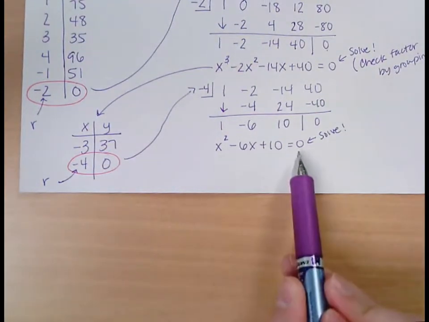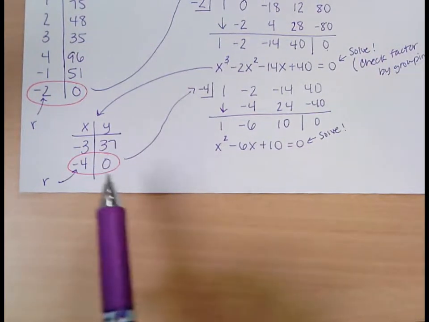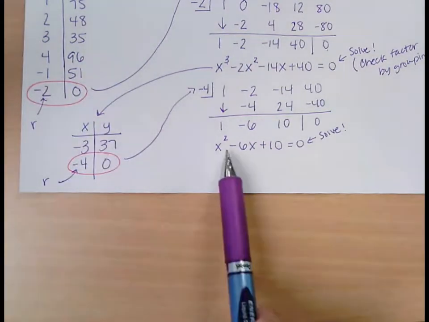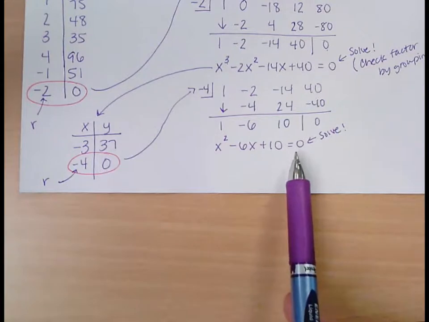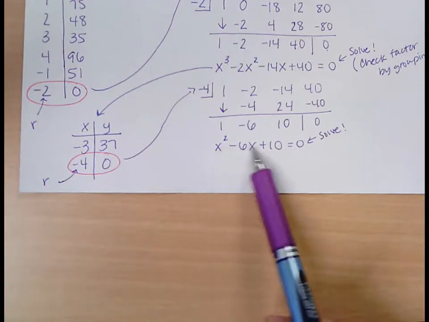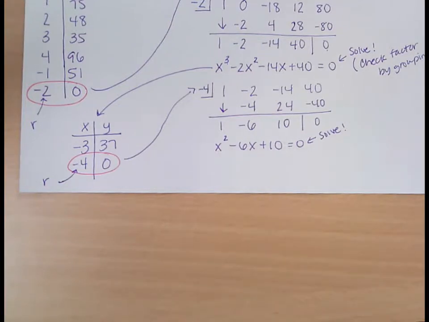Once you get it to a quadratic, again, you can keep doing this process, but you don't have to because you have multiple techniques that you can solve a quadratic equation with. So what's one way we can solve a quadratic equation? We could try the diamond, see if it factors.